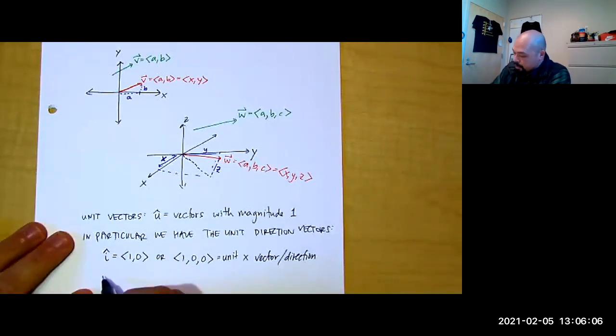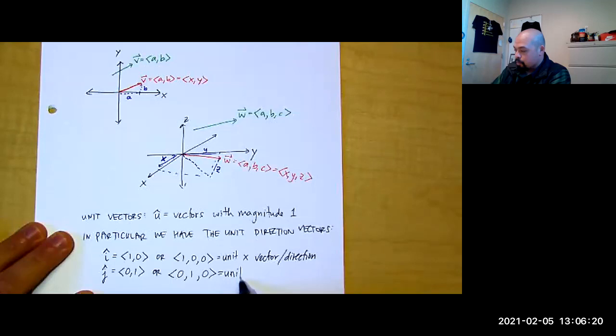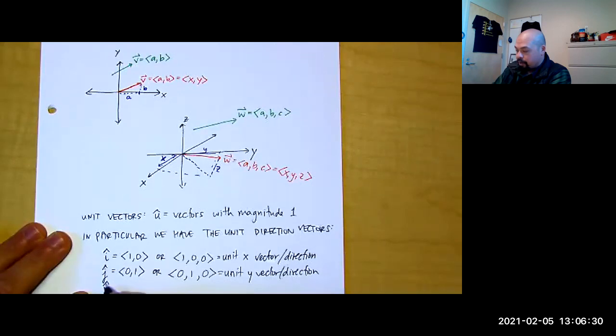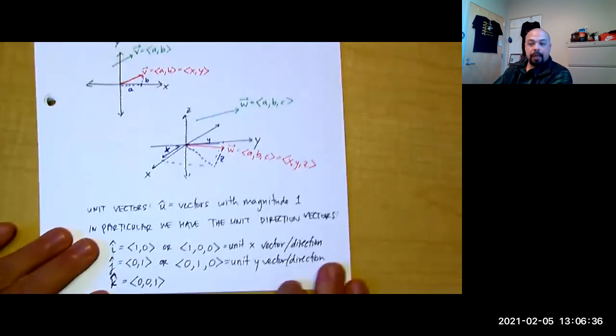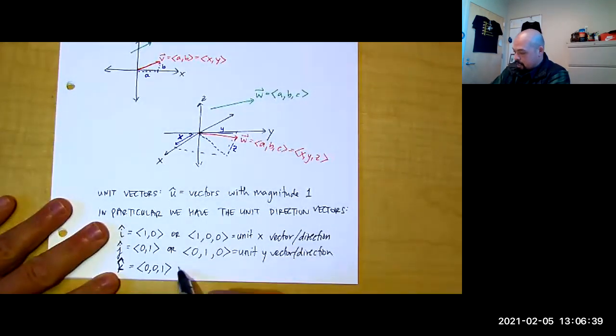Then we have our j hat, 0, 1 in 2 space, or 0, 1, 0 in 3 space. There's my unit y vector, or y direction vector. And lastly, in 3 space only, we have our k hat, which is the unit vector in the z direction, that unit z vector.